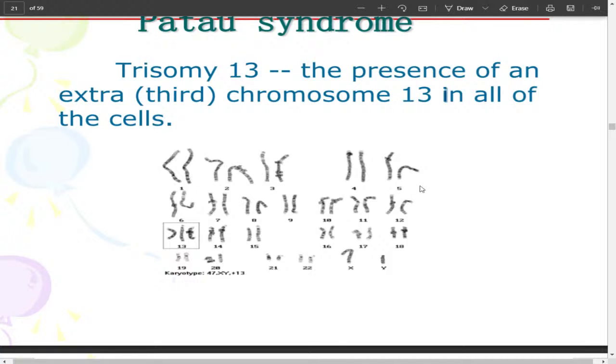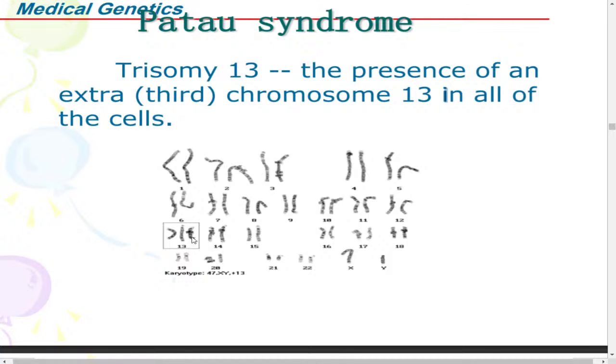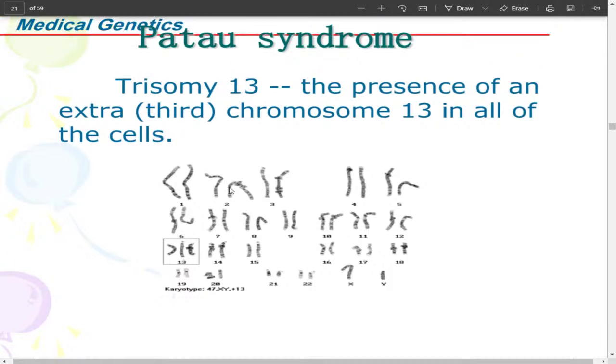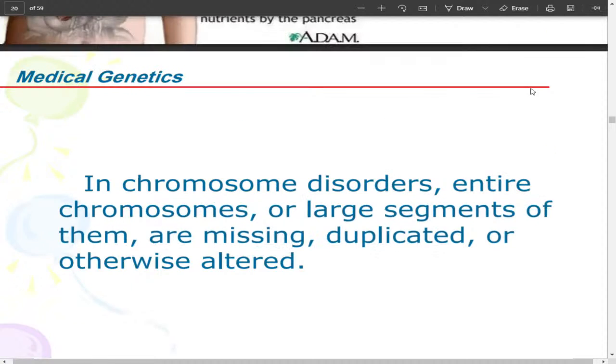As we can see, 1, 2, 3, 4, 5, 6, 7, 8, 9, 10, 11, 12, 13, 14, 15, there is an extra chromosome here in Patau syndrome. Patau syndrome is a very serious syndrome, causing a third chromosome 13 in all cells in the body.